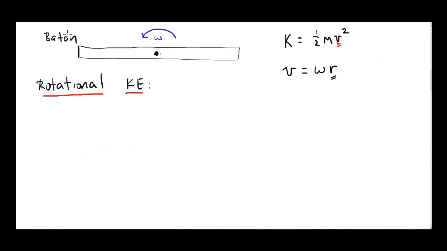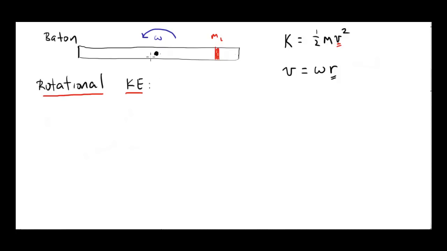Well, you'd have to imagine cutting this baton up into all of these different bits, all these different pieces. I'm going to imagine just one little piece right here, and let's call that our little mass element m_i.